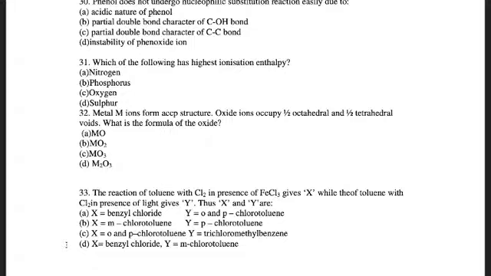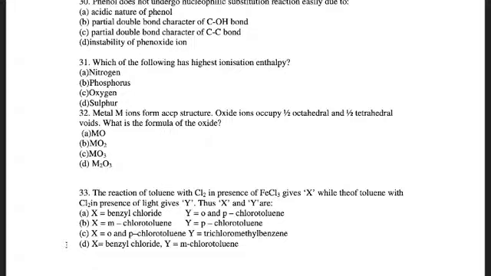B. X is m-chlorotoluene, Y is p-chlorotoluene. C. X is o and p chlorotoluene, Y is trichloromethylbenzene. D. X is benzyl chloride, Y is m-chlorotoluene. Correct. The answer is option C.